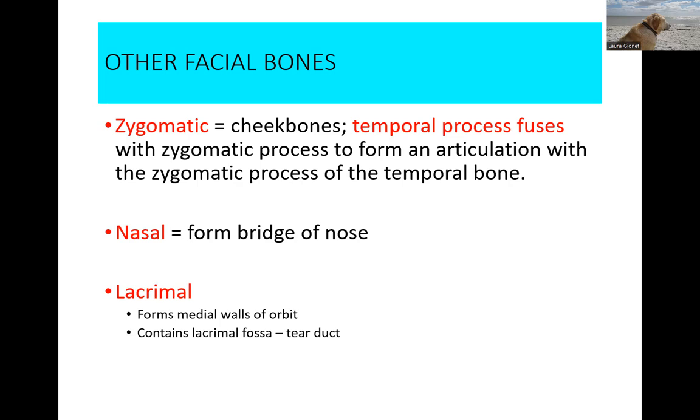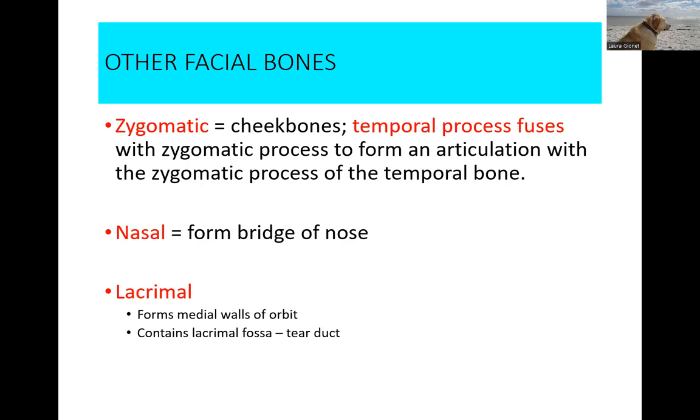That is what we refer to as your cheekbone. The zygomatic bone contains the temporal process. It's a portion of bone that is going to extend posteriorly to meet and fuse with the zygomatic process of the temporal bone, and thus forms your zygomatic arch or your cheekbone. Well, not the cheekbone, but the arch.